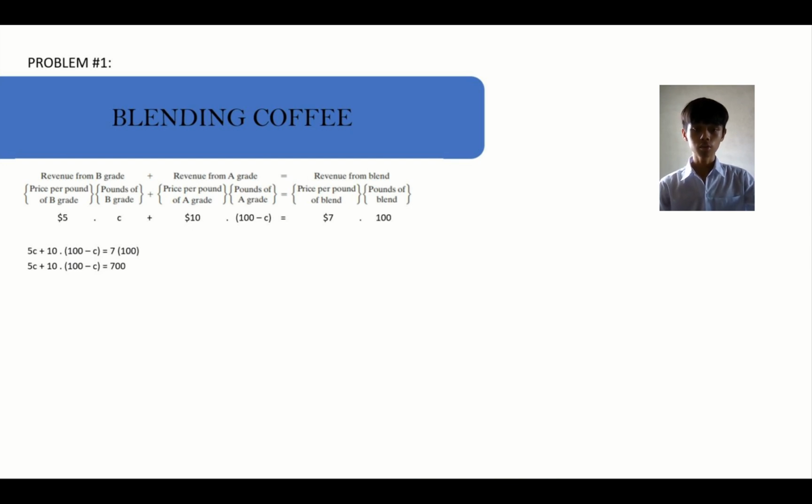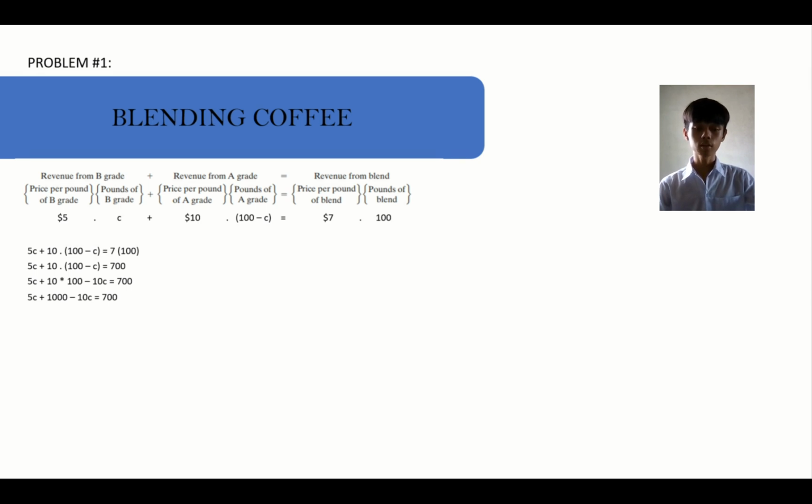Distribute 10 into the terms within the parentheses. So 5C plus 10 multiply 100 minus 10C equals 700. Multiply 10 and 100. So 5C plus 1000 minus 10C equals 700.